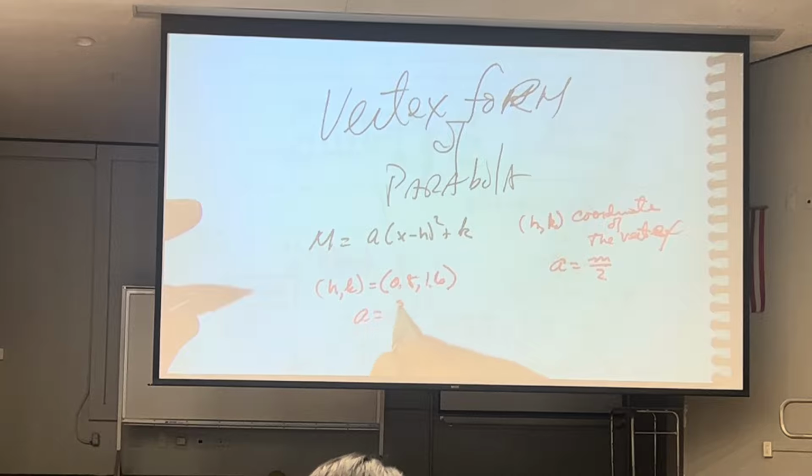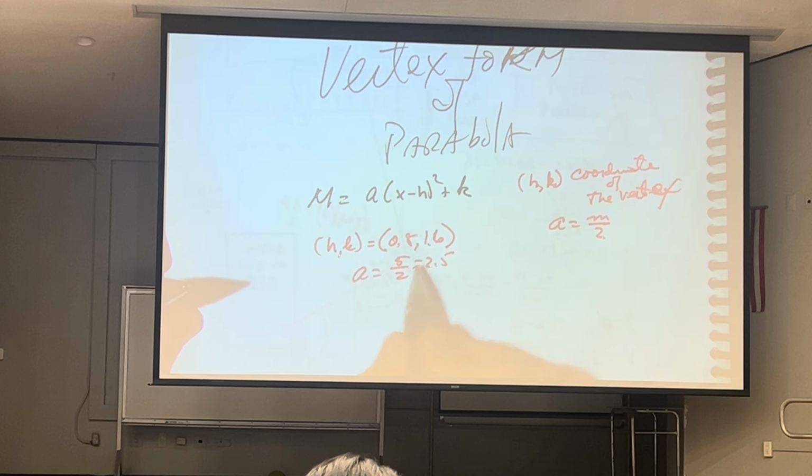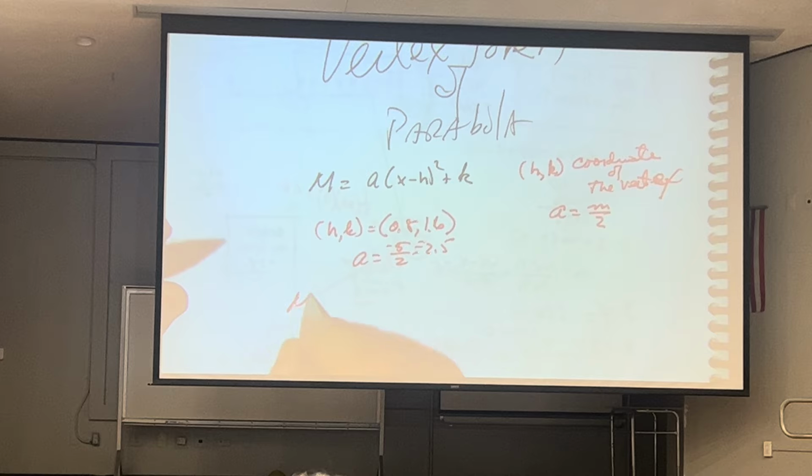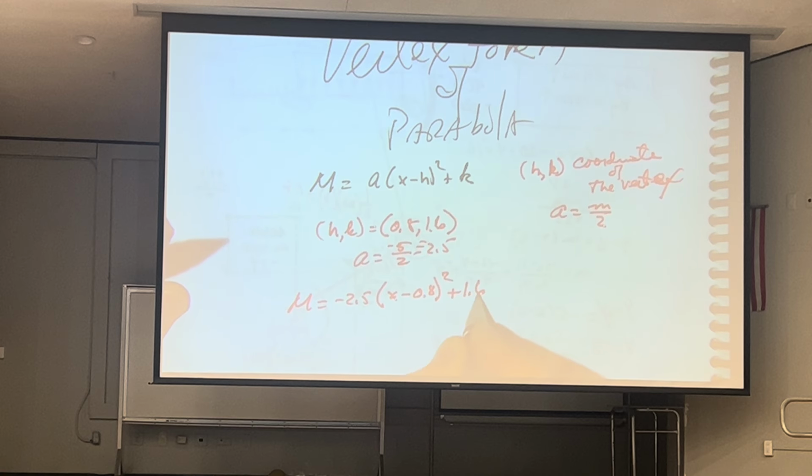A is 5 divided by 2, which is 2.5, and it's negative, because the 5 is negative. So I'm going to say M is equal to minus 2.5 times x minus 0.8 quantity squared plus 1.6.